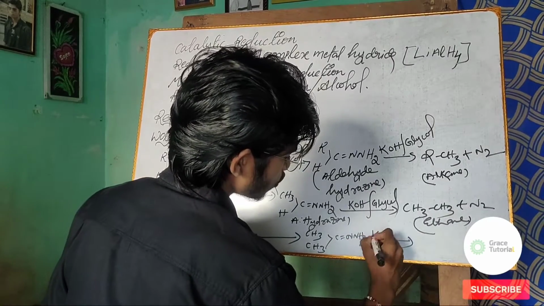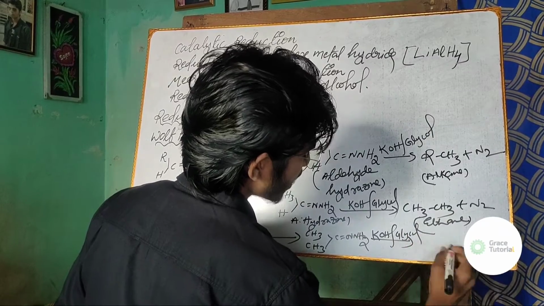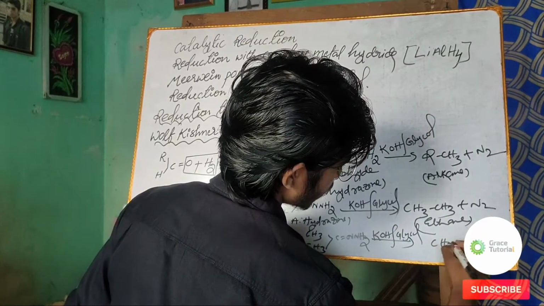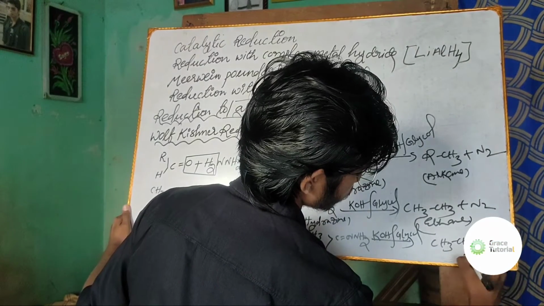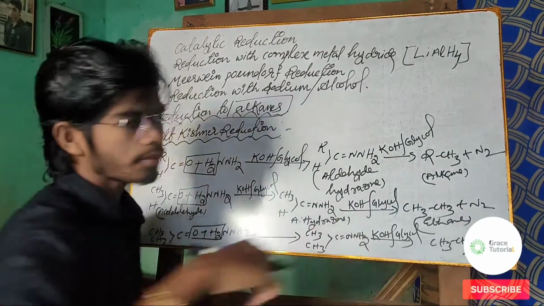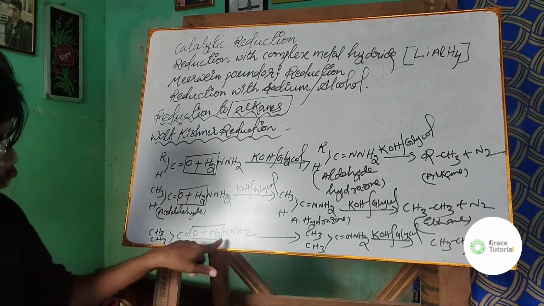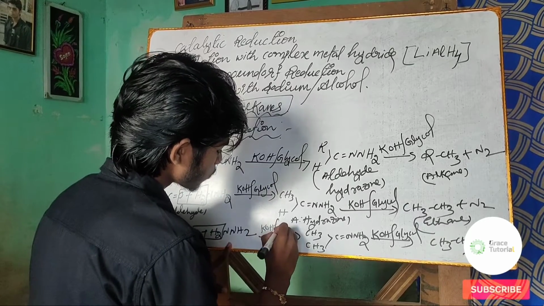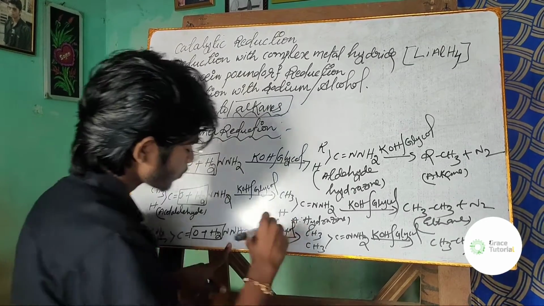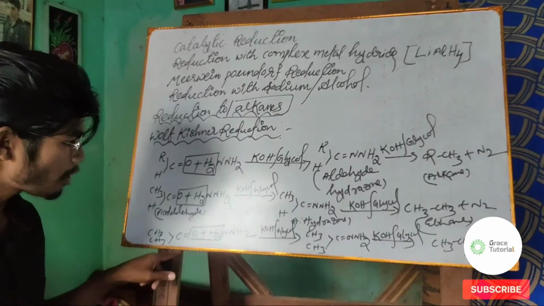If it is again treated with KOH or glycol, then an alkane results, and that alkane is propane, along with the liberation of nitrogen gas. This is acetone. When acetone reacts with hydrazine, first of all the water is eliminated from here.